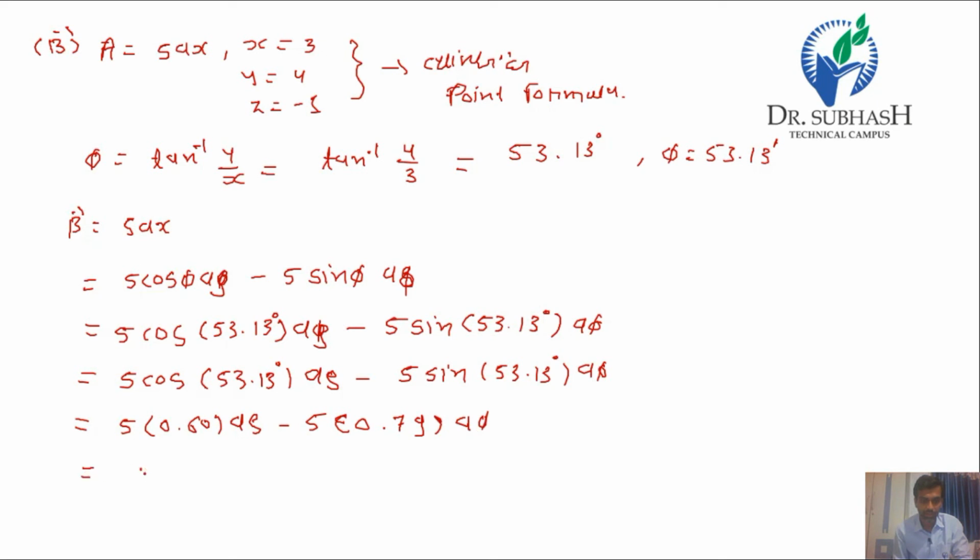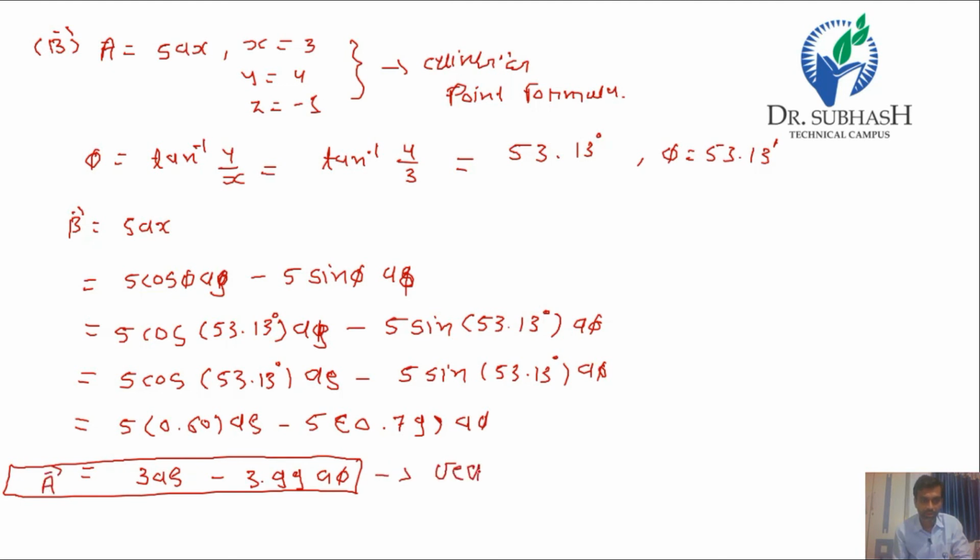So we get here 3 aρ minus 3.99 aφ. This is the vector in the cylindrical coordinate system.